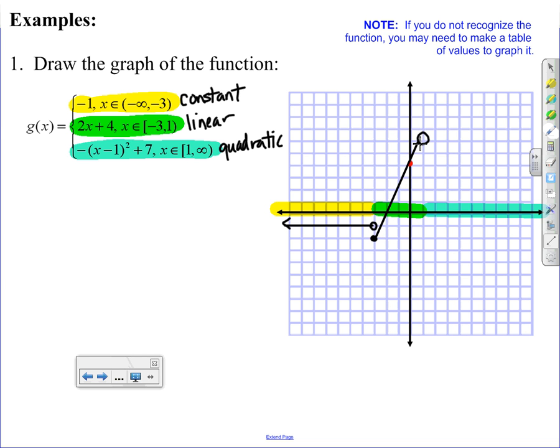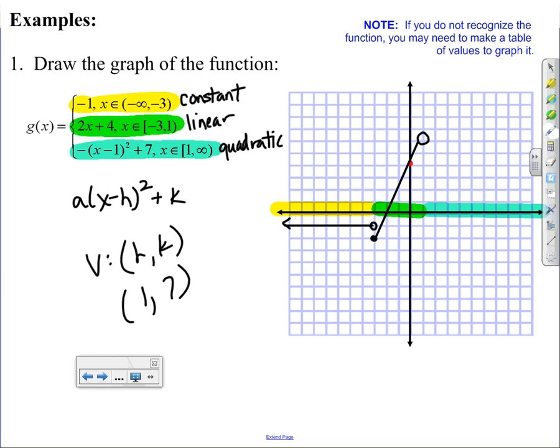Now the last function is quadratic, and you might recognize that this is of the form a(x minus h) squared plus k, and so we know that our vertex is at (h, k), in this case 1 and 7. But if we didn't know that, we could still do a table of values and just start drawing the parabola.